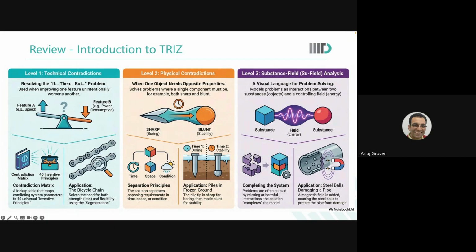What was the solution for the substance field diagram? When there are two substances which are interacting in a harmful way, introduce a variation of the first substance or the second substance so that the harmful interaction is mitigated.